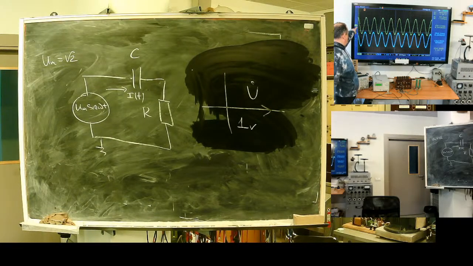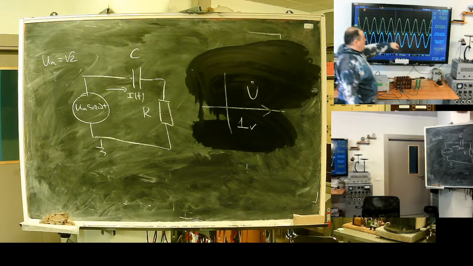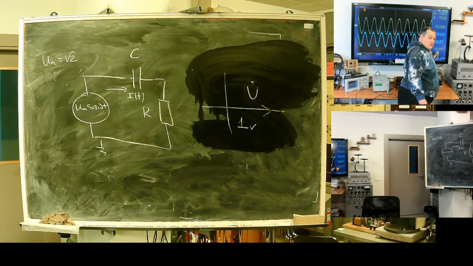Look at the yellow line. This one is 1 volt. You see the amplitude of the yellow line, approximately 1.5. RMS 1 volt.